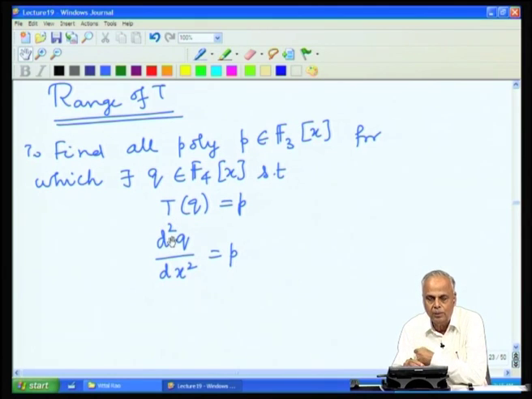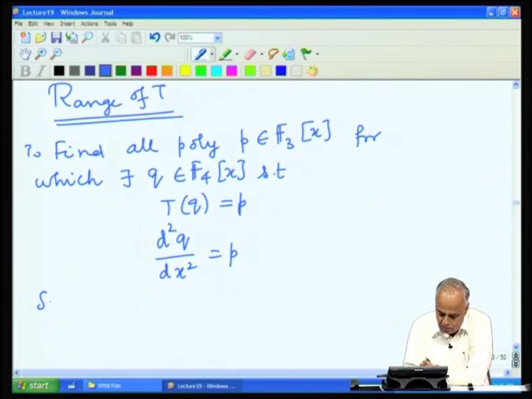Every derivative reduces the degree of the polynomial by 1. So, if we take any polynomial in F4x and differentiate it twice, we will get only polynomials of degree 2 or less, and therefore, P has to be a polynomial of degree 2 or less.